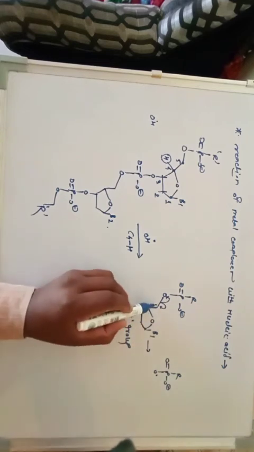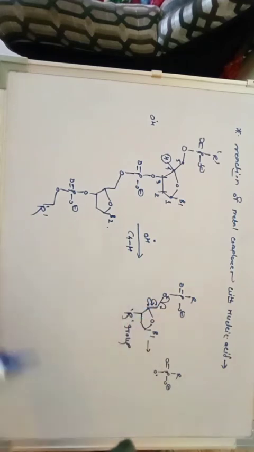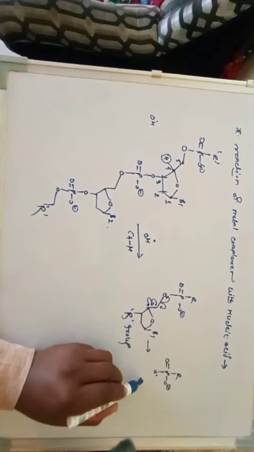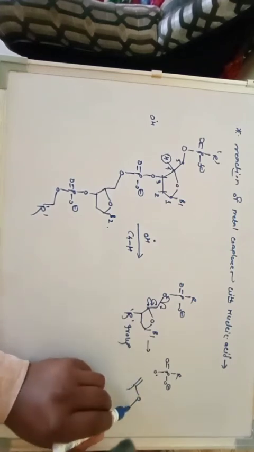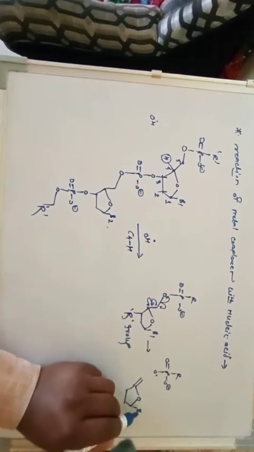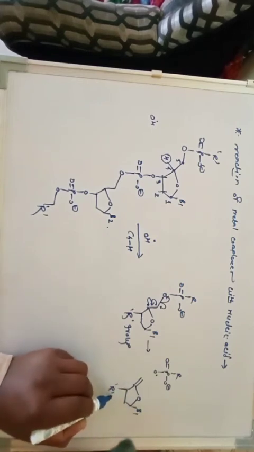So these two radicals undergo radical recombination. After breaking of the carbon oxygen bond, there is a radical recombination, and what we get is a double bond CH2. This is your oxygen, this is your B1, and the remaining R group is there.